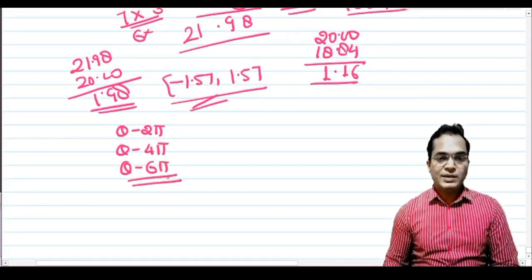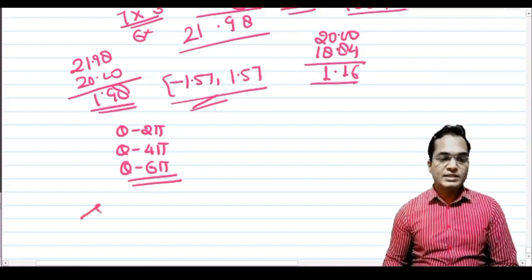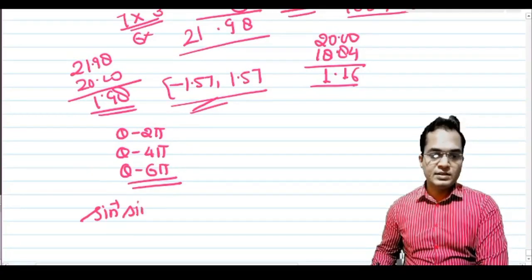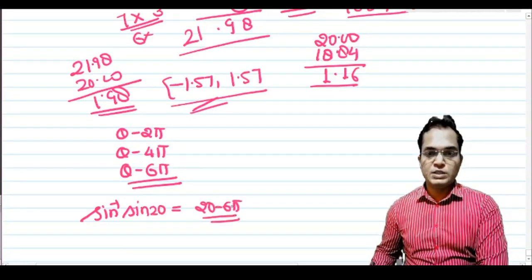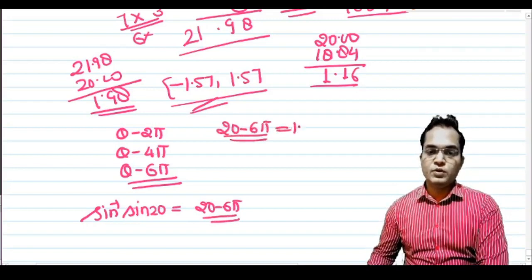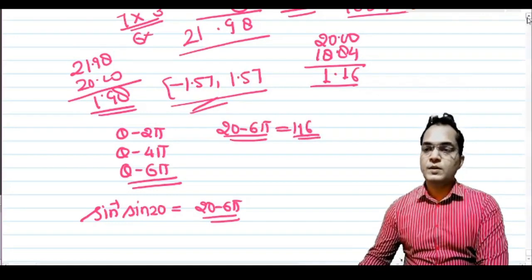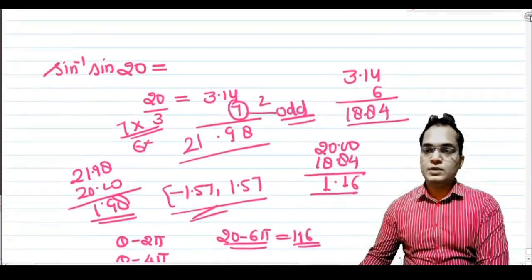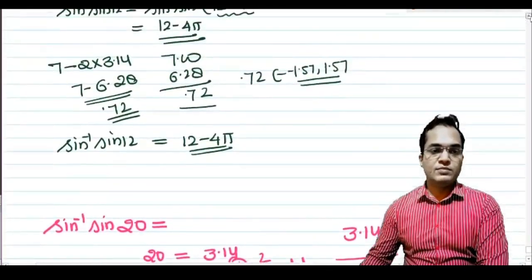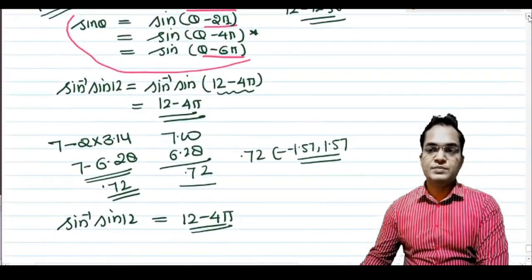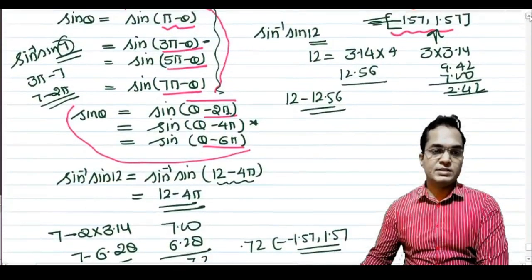Now here it is 6 pi, and you can write sine inverse sine 20 equals 20 minus 6 pi, because as we know, 20 minus 6 pi is 1.16 approximately.